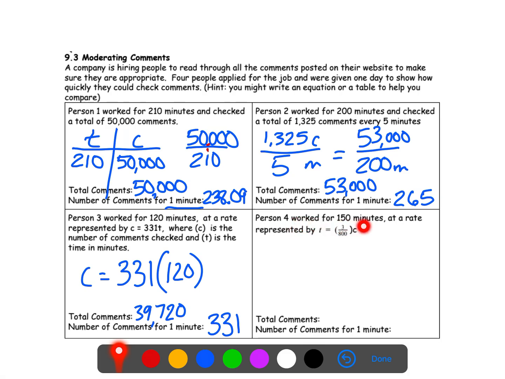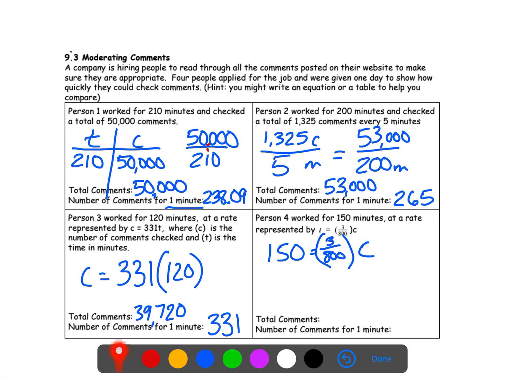So here for person 4, we're only given a time. That time of 150 minutes is going to go here in the equation. So let me rewrite that equation. 150 equals 3/800ths times C. Now C is what I don't know and also what I'm trying to find.